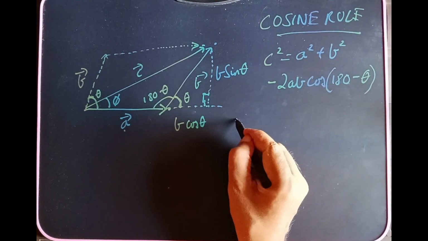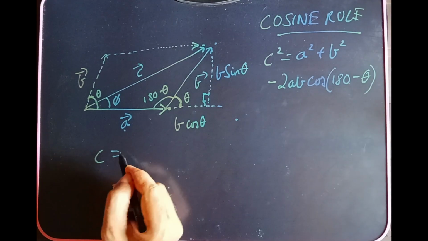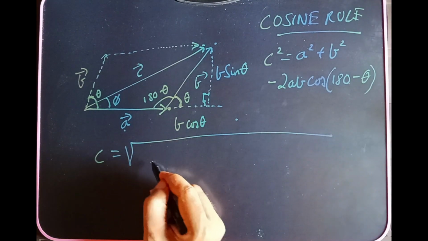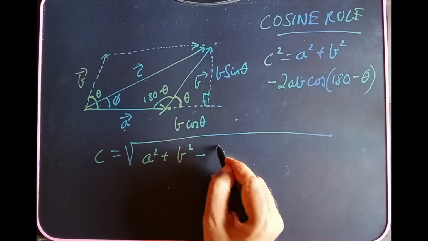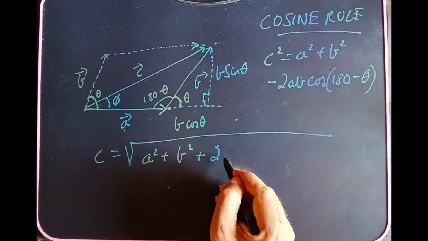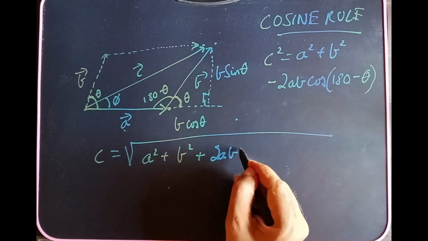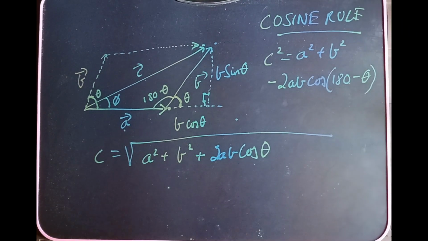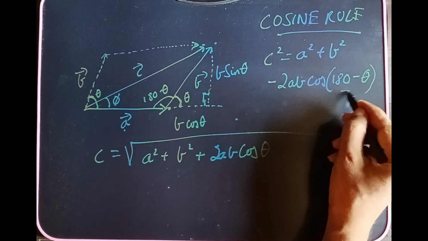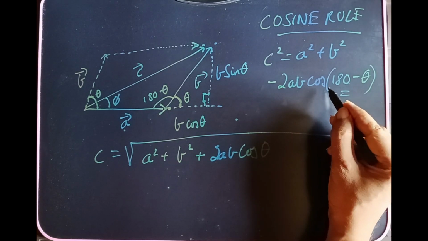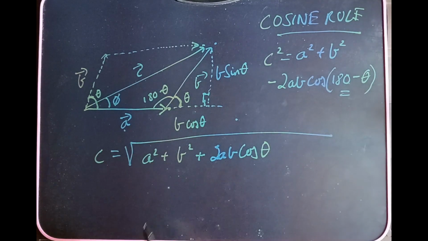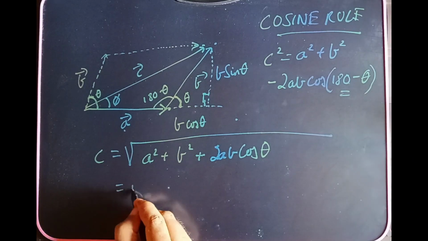Hence C can be written as the square root of A square plus B square plus 2AB cos theta, right? Because in the second quadrant, sine is only positive, cos is negative, so minus minus will become plus. This gives the magnitude.